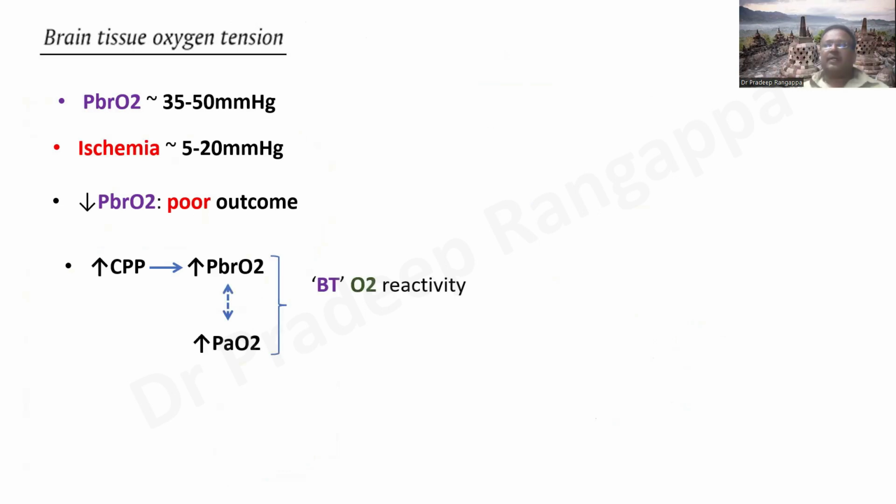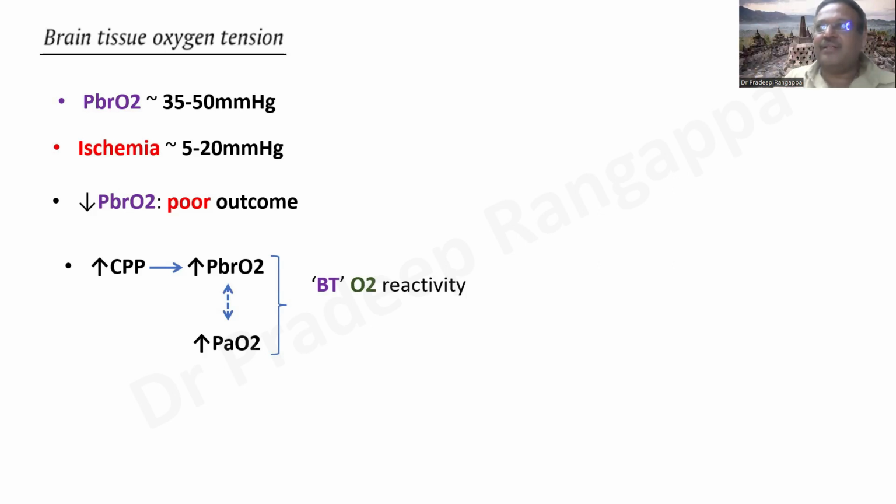So when I say autoregulation, what does that mean? This is a very simple tool you can use. When there is an increase in the systemic PaO2, and this correlates with an increase in the brain tissue oxygen, it means brain tissue oxygen reactivity is present and autoregulation is present.